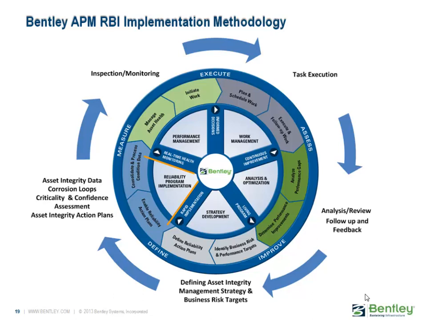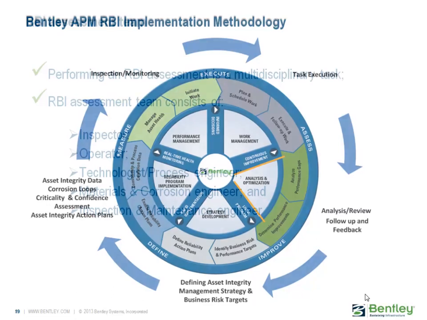The performance management step will include defining the inspection and monitoring activities. Following that, work management will take care of executing those inspection tasks. And the results of those inspections may lead to analysis review and follow-up actions and also any feedback to update the strategy.